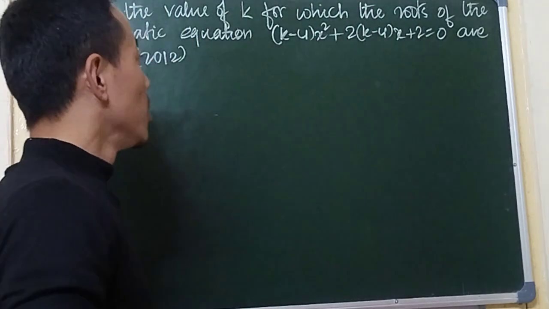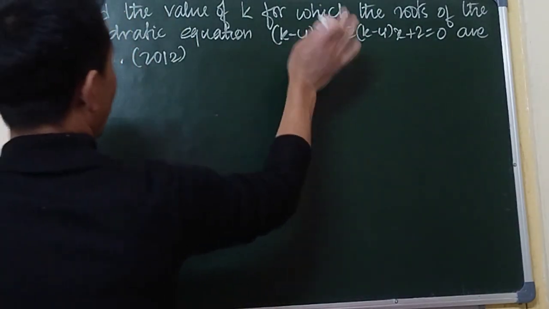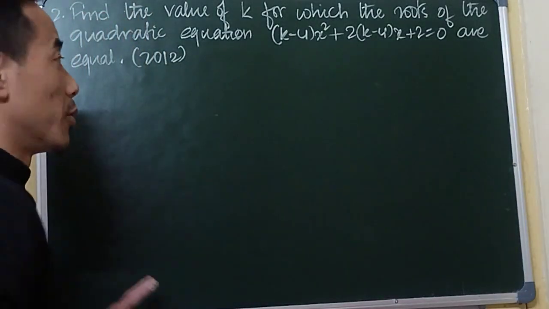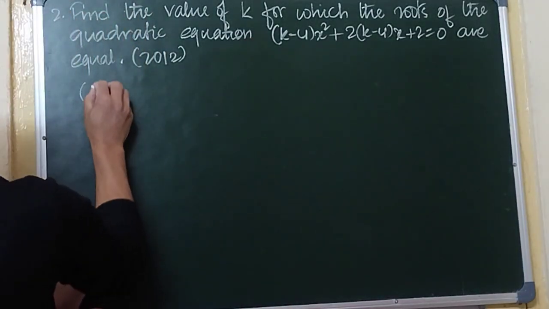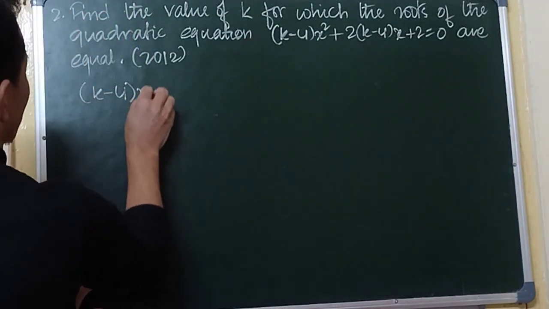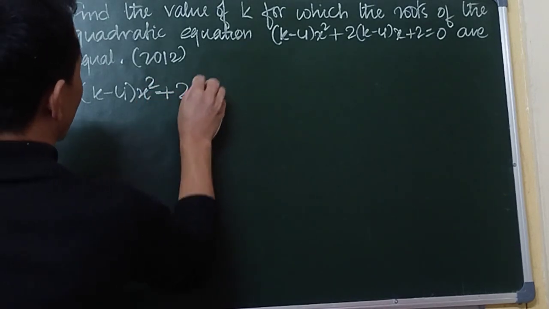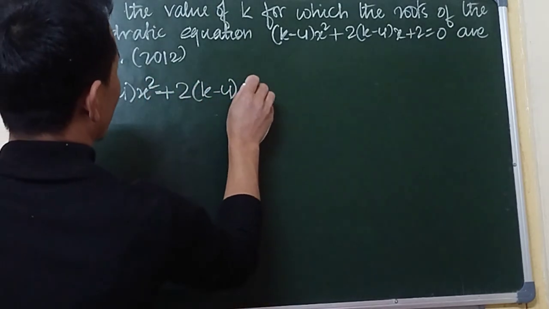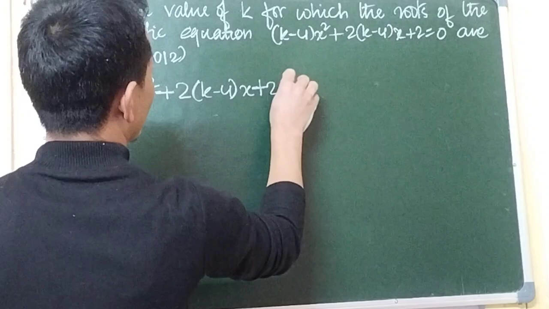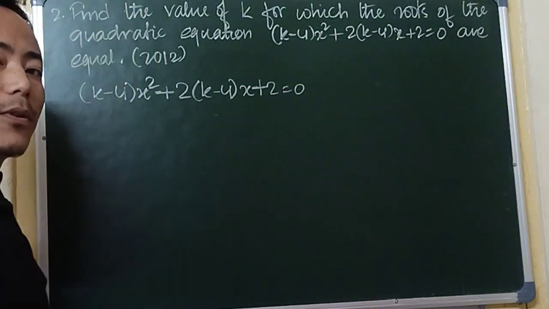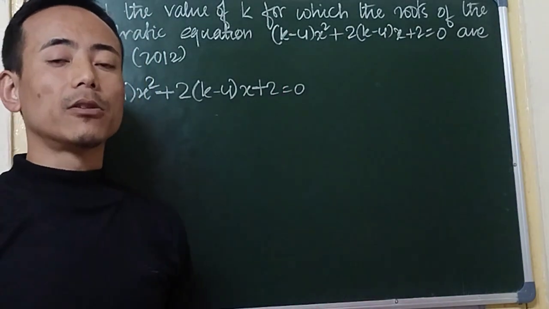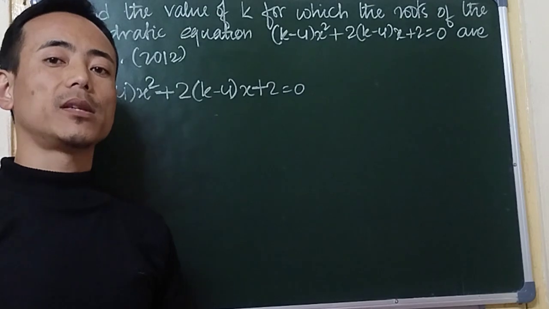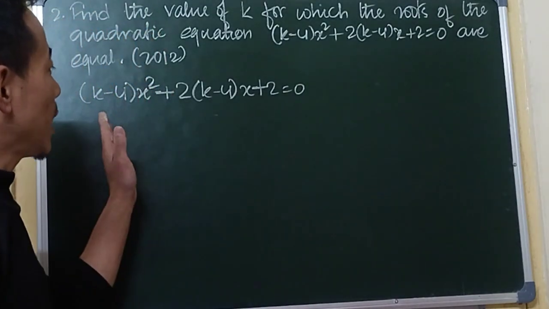So again, first you will see whether the given equation is in the standard form or not. The given equation is (k minus 4)x square plus 2(k minus 4) times x plus 2 equals to 0. Now if you look at this equation and compare with the general form ax square plus bx plus c equals to 0, then here we don't have to do anything.